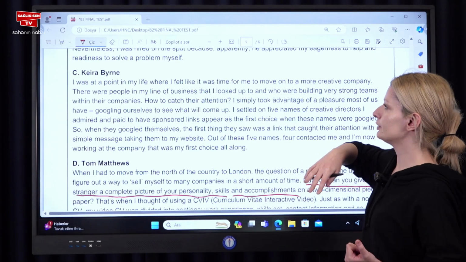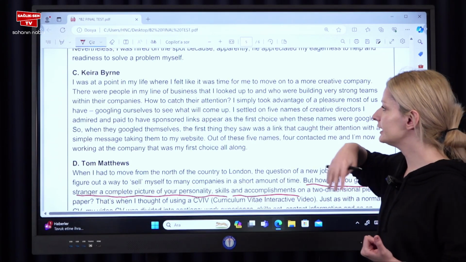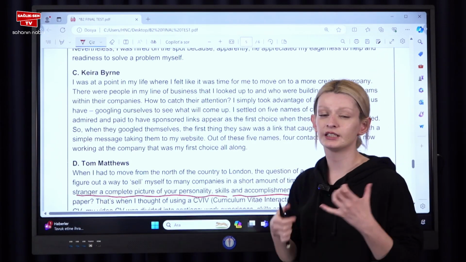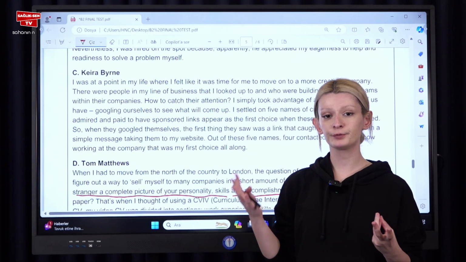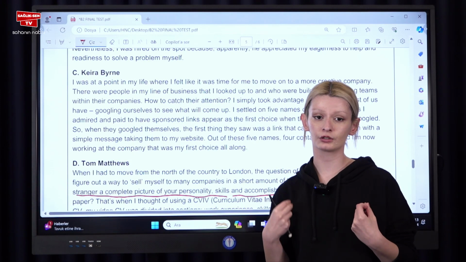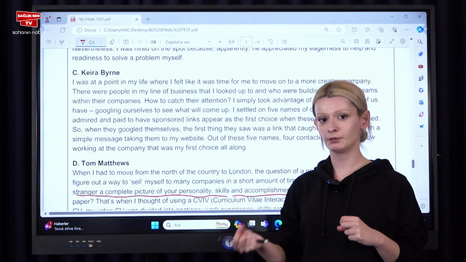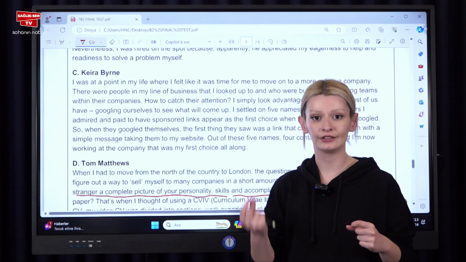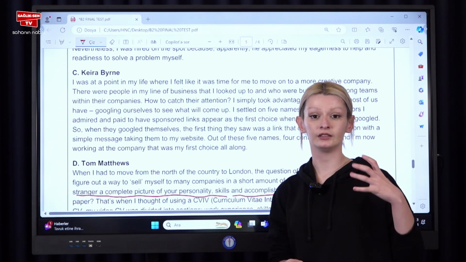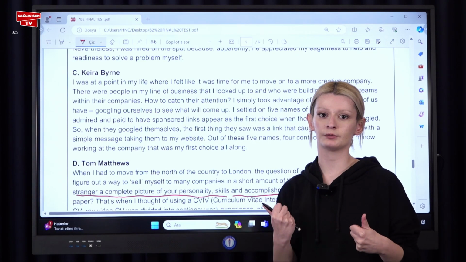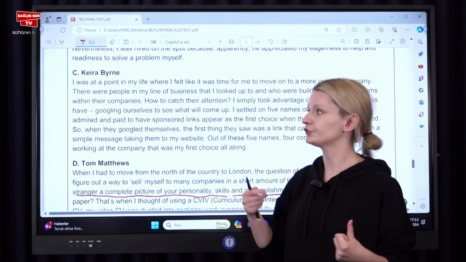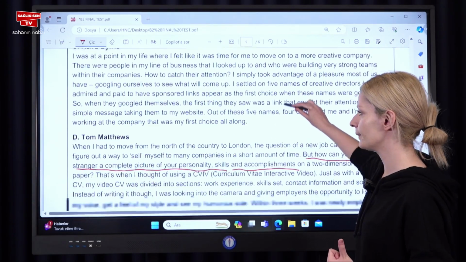In Kira Byrne, she talked about the power of advertisement. The 5 people that she most looked up to, and she did something clever. She gave advertisements so that when one of those 5 people searched for themselves on Google, they were going to find out about her.